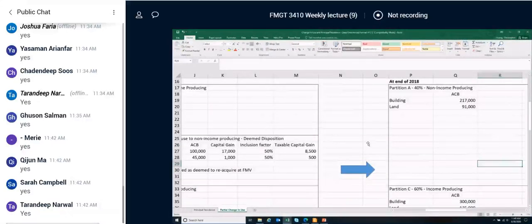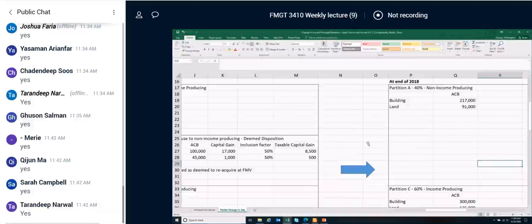Tax doesn't look at how you broke things up. They don't say, oh, third floor is income producing, second floor is non-income producing, basement is income producing, and you have three properties. No. Tax just says this: no matter how you subdivided the uses on your property, at the end of the day, you will always have at most two properties within a particular building, a non-income producing property and an income producing property.